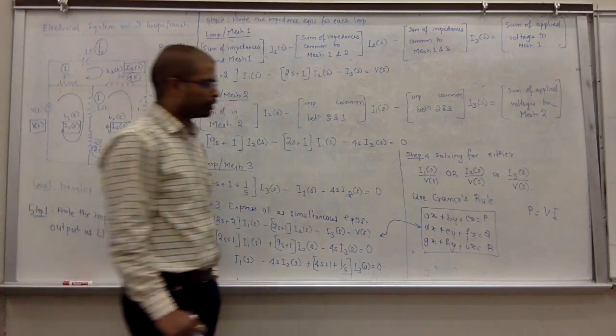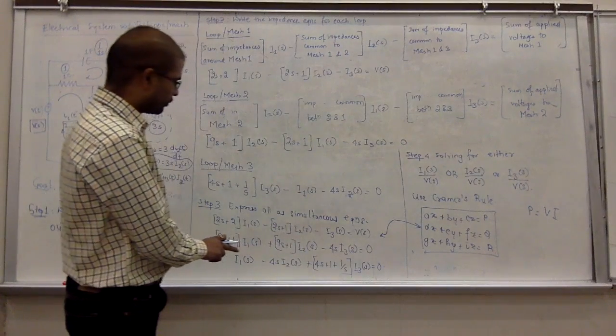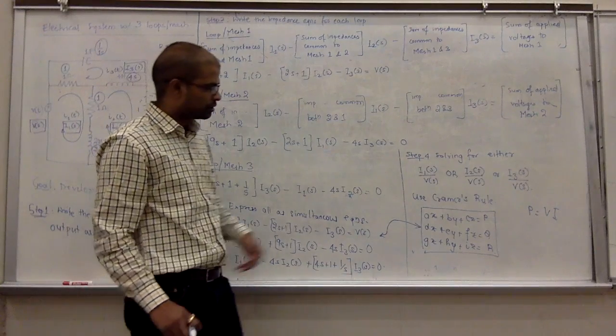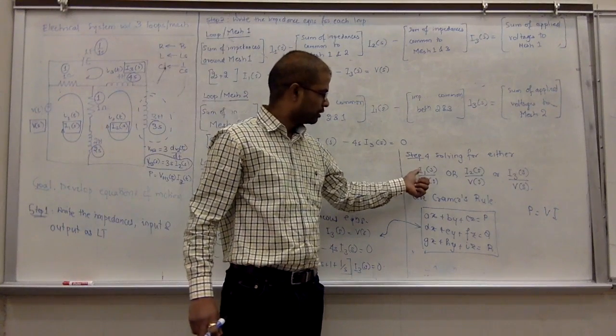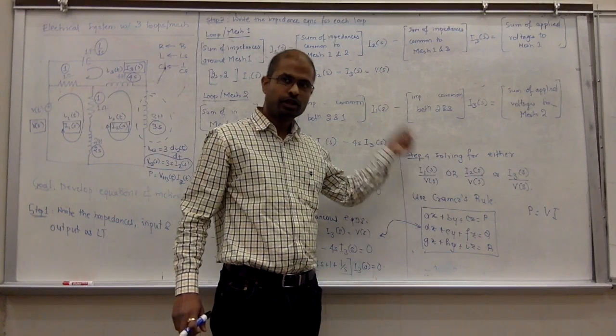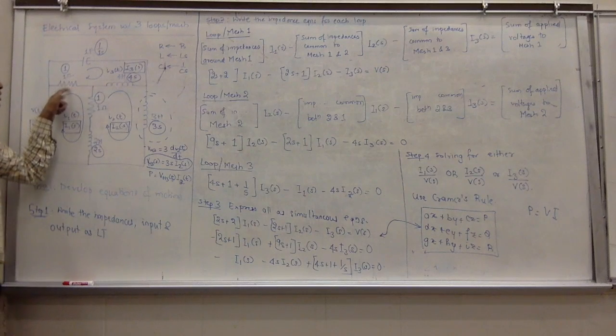So from this equation you have expressed, you're calculating I, the current flowing through each of these components. What is the current flowing through this resistance? Tell me, somebody. I3?